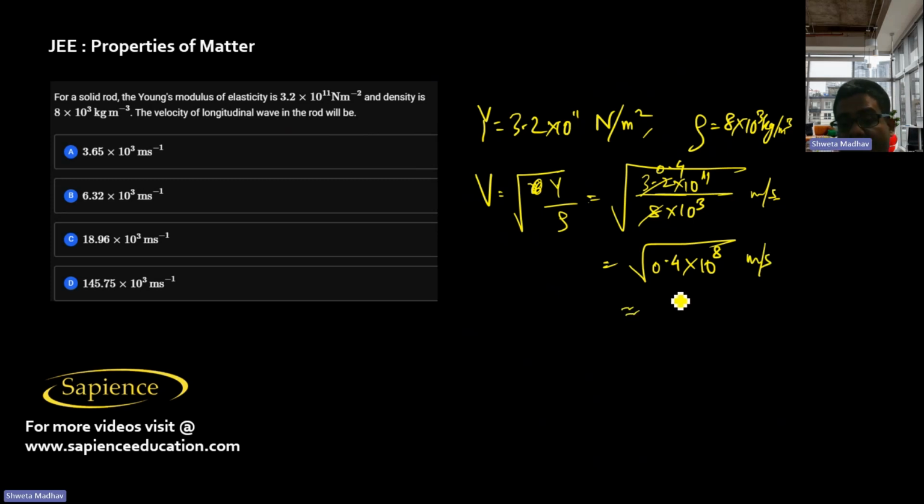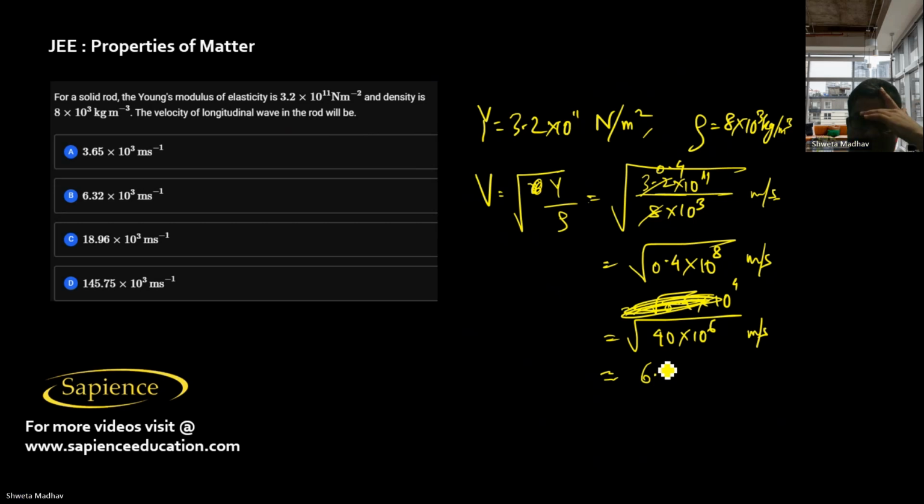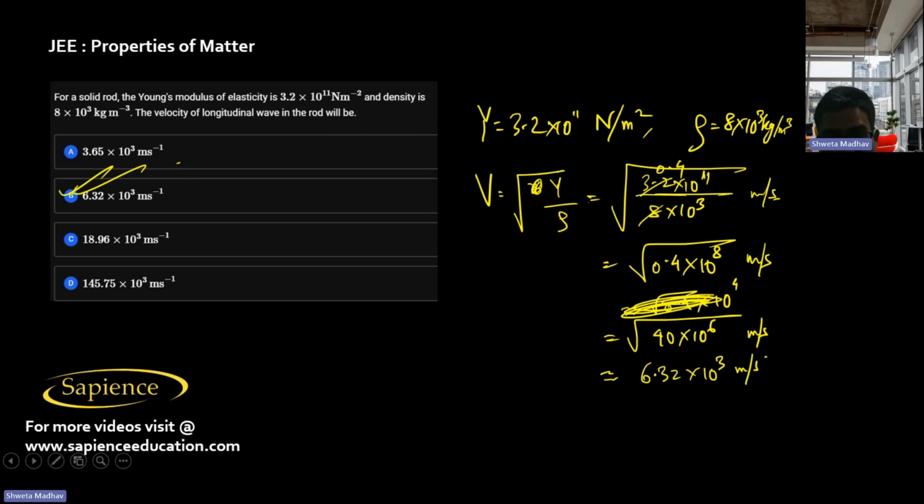Now this will be square root of 0.4 into 10 power 8, or you can write it as root over 40 into 10 power 6 meter per second. Root over 40 is approximately 6.3, so it is 6.3 into 10 power 3 meter per second. So option B is the correct answer.